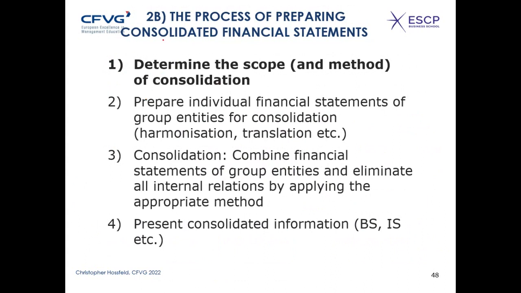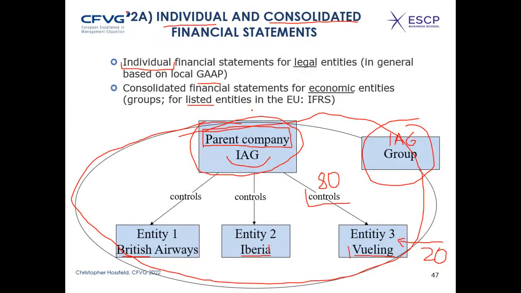Then secondly, we need to prepare the individual financial statements of all the companies inside the scope. I need to prepare them for consolidation because, as I said before, I have four sets of financial statements, but they're not all IFRS. They're UK GAAP, they're Spanish GAAP. And remember, we need to do this on a worldwide basis, so I will have a multitude of different GAAPs in my group. But in the end, I need consolidated financial statements only in IFRS.